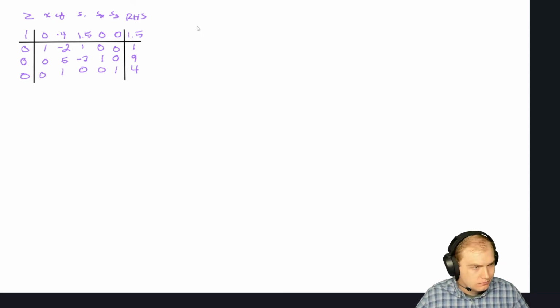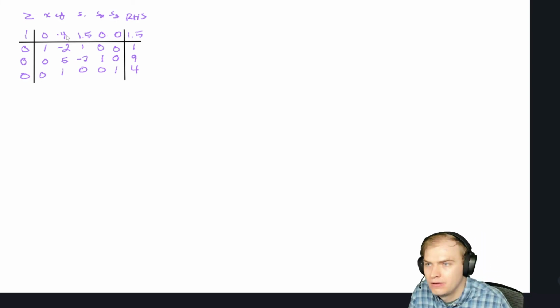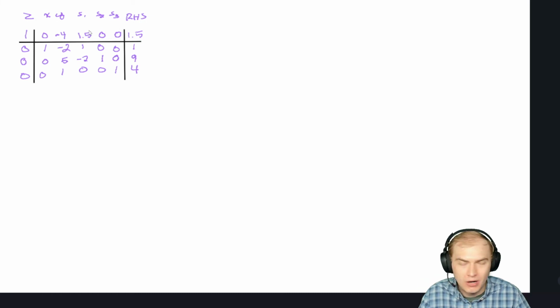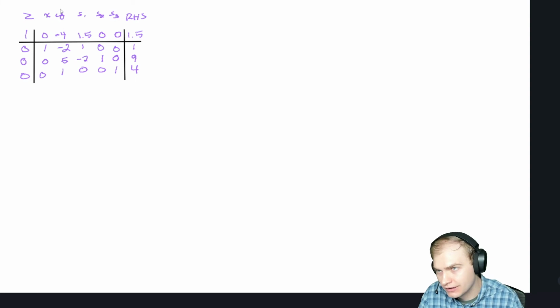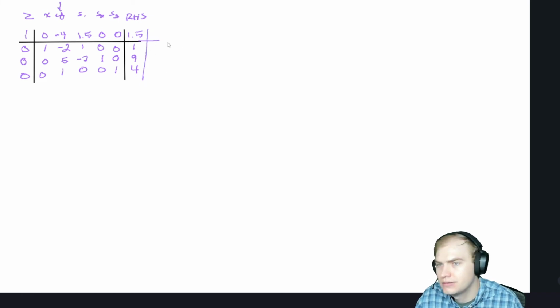So we're going to look at our objective row, and we see that -4 is the smallest negative value here. In this case, it's the only negative value. So we're going to pick that column. And then we divide the B column by corresponding entries in the Y column.